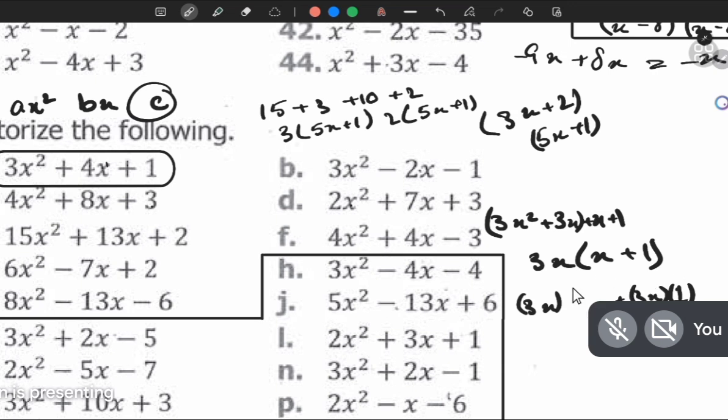Oops, sorry, 3x multiplied by x because it's 3x square, not 9x square. So 3x square is 3x multiplied by x and 3x multiplied by 1, right? So if you take 3x common, you're left with x plus 1.